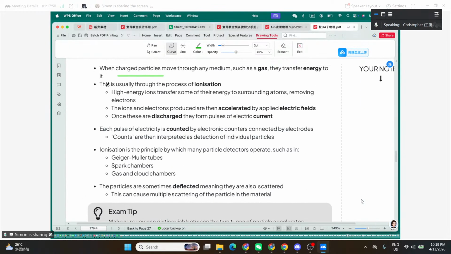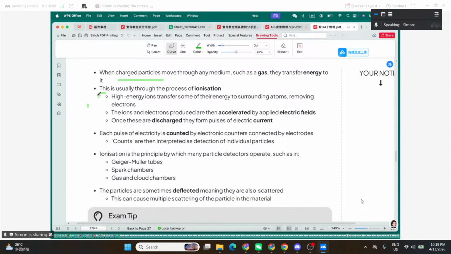As for this energy, the high energy ions transfer some of their energy to surrounding atoms and remove electrons. And the ions and the electrons produced are then accelerated by the applied electric field.